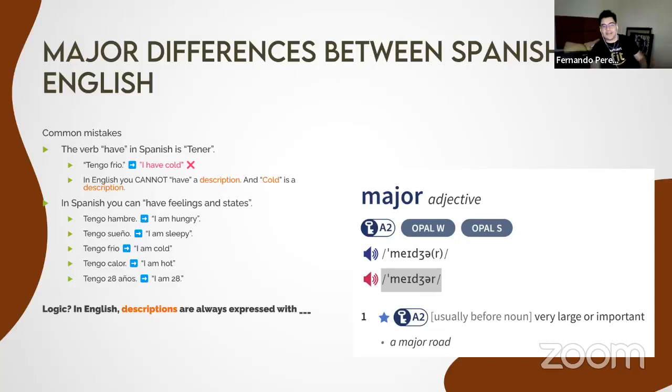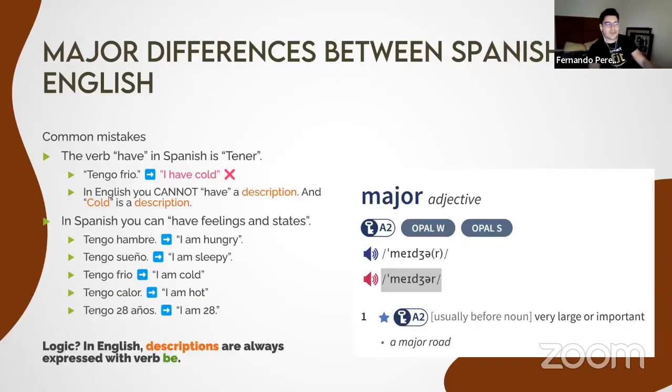Exactly. That's the reason, and this is the English logic. So to speak English correctly, we need to identify all the different logics that exist in English. That's the biggest issue with English.